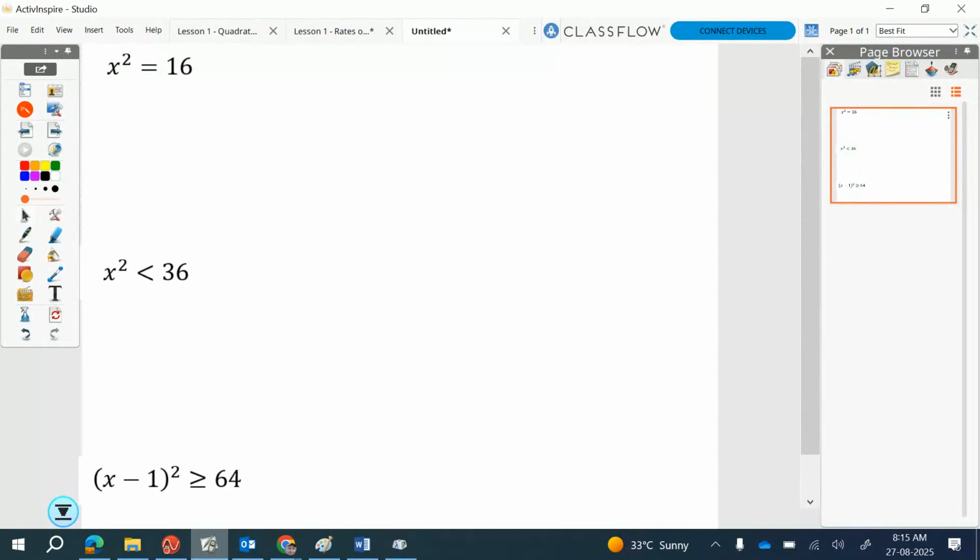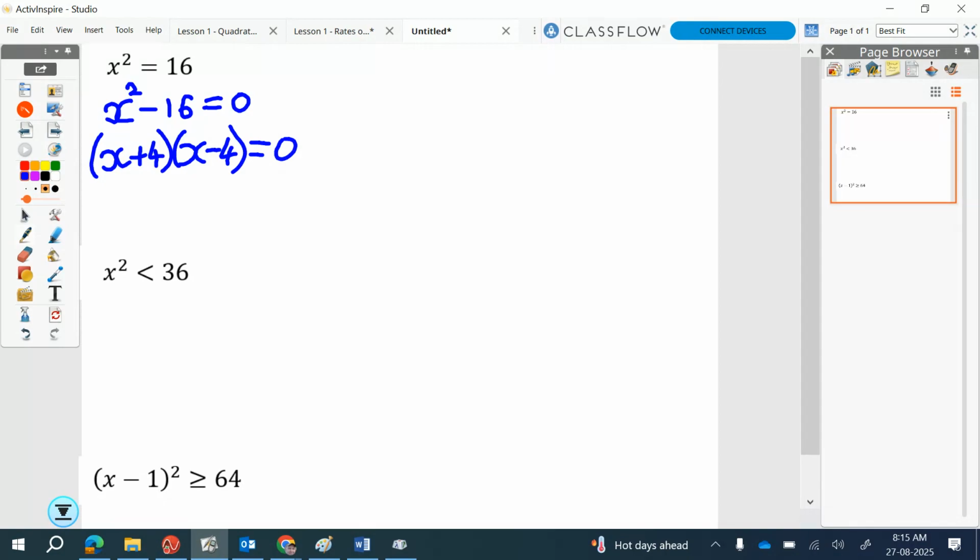So this first quadratic equation, we can solve it in two ways. One way would be to rearrange it into x squared minus 16 equals 0, and then factor into (x plus 4)(x minus 4) is equal to 0, and this gives us x is equal to negative 4, and x is equal to 4.